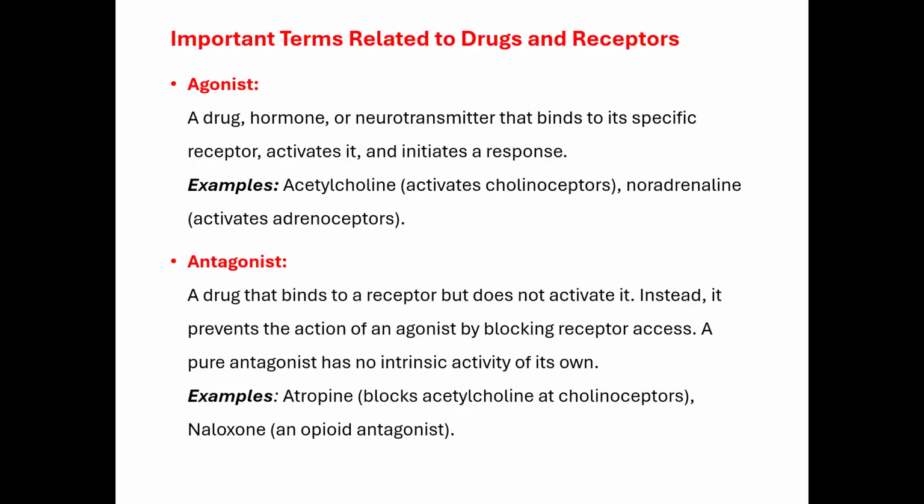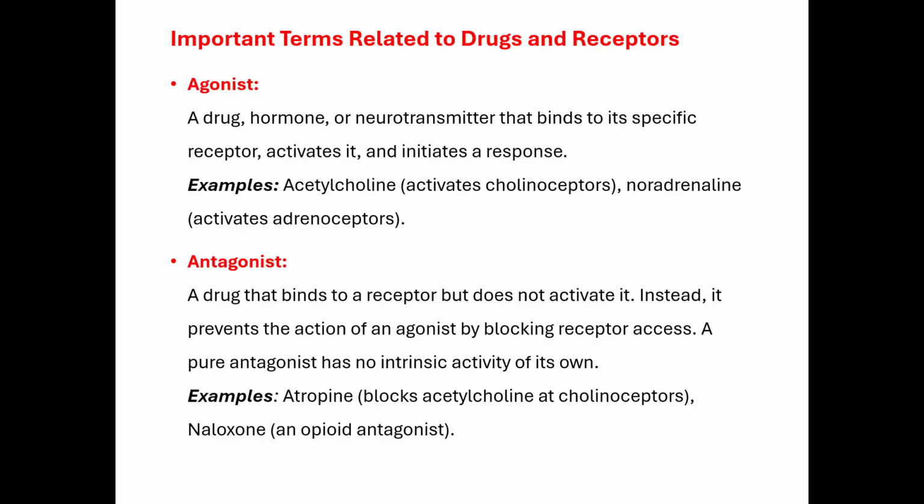An agonist is a drug, hormone or a neurotransmitter that binds to a specific receptor, and it activates it and initiates a response. I told you it has affinity and intrinsic activity. This is an agonist. An example is acetylcholine on the acetylcholine receptors.